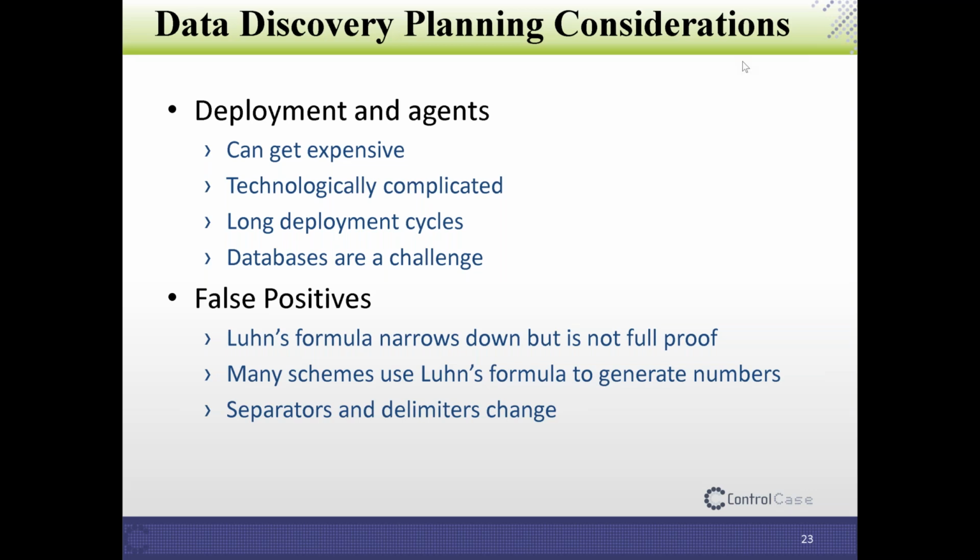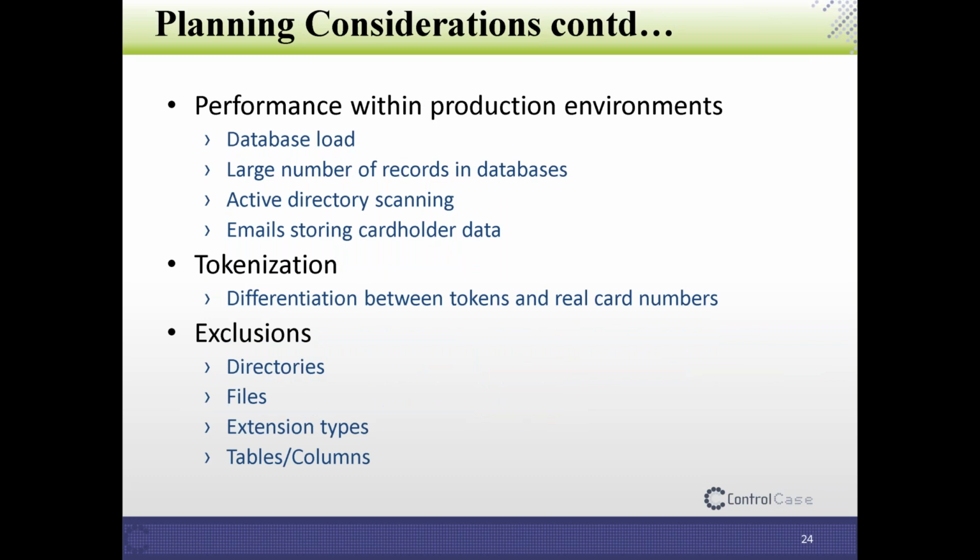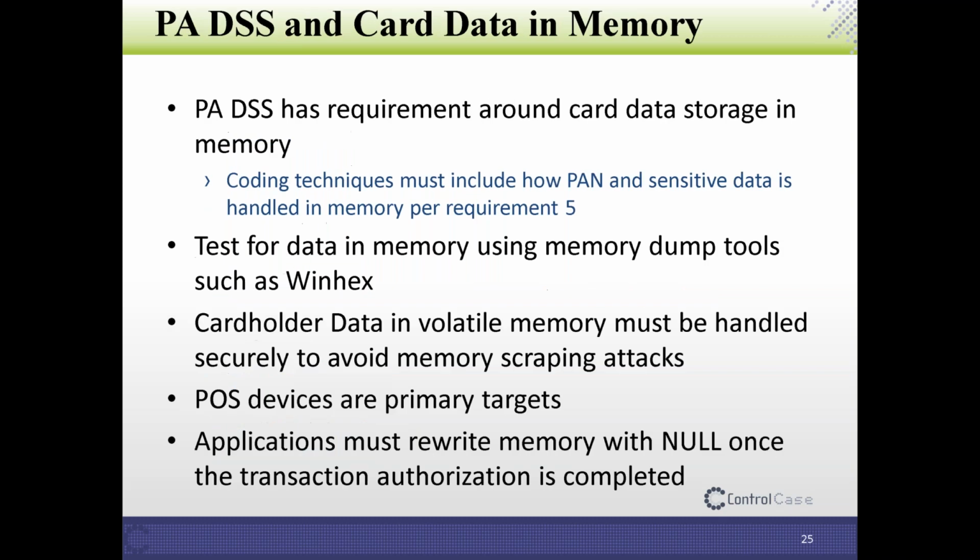The second piece is ensuring that you are using things like Luhn's formula to narrow down false positives. You're also planning to ensure that performance does not affect production systems. If you have a tokenized environment, you need the ability to distinguish between tokens and real card numbers, and the ability to exclude certain environments that will give false positives.